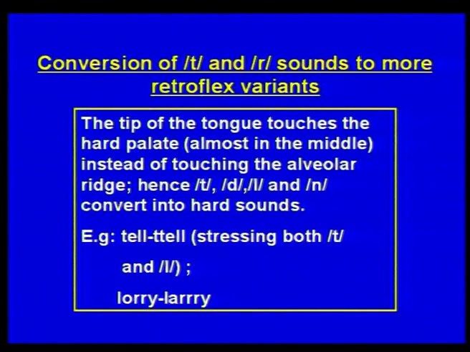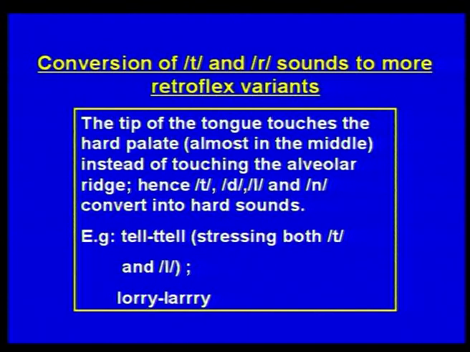Let us now take a look at what actually creates these incorrect forms. Let's look at some of these variations or certain strategies people adopt that bring in incorrect pronunciations. Some of us tend to convert t and r sounds to what we refer to as retroflex variants.